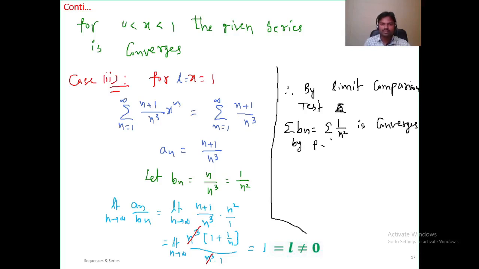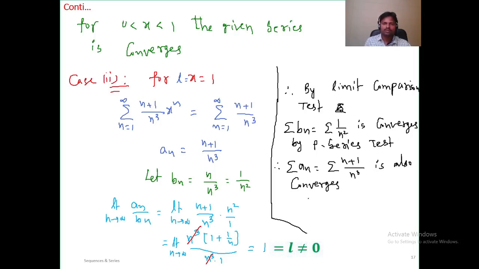By p series test, because p is equal to 2 here. So therefore series an also converges. What is series an here? Series n plus 1 upon n cube, which is nothing but the x is equal to 1 case, also converges. So therefore what I can say now, for x is equal to 1, the series converges indirectly.